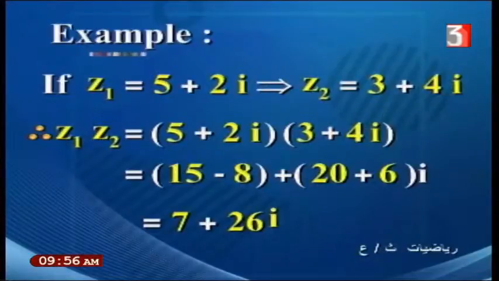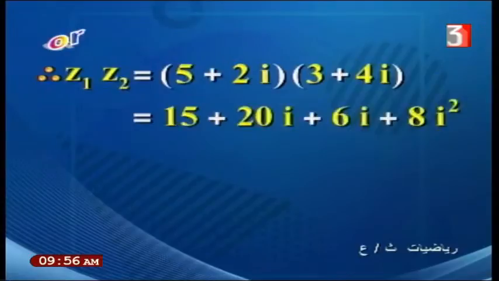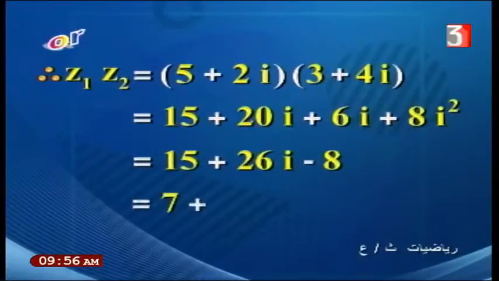The first part is real, the second part is imaginary. Imaginary has the symbol i. Or z1 z2 by first times first, first times second, second times first, second times second. The answer is 15 minus 8, 7 plus 26i, by using another method.